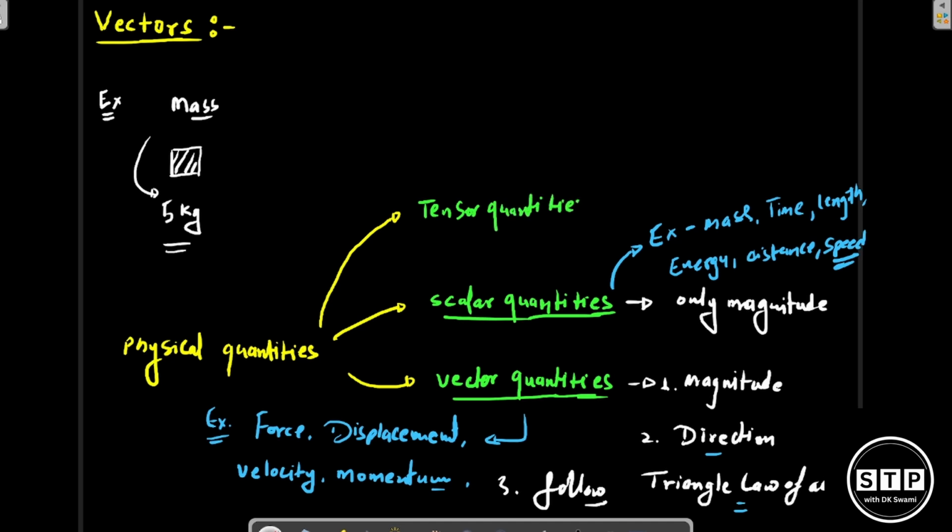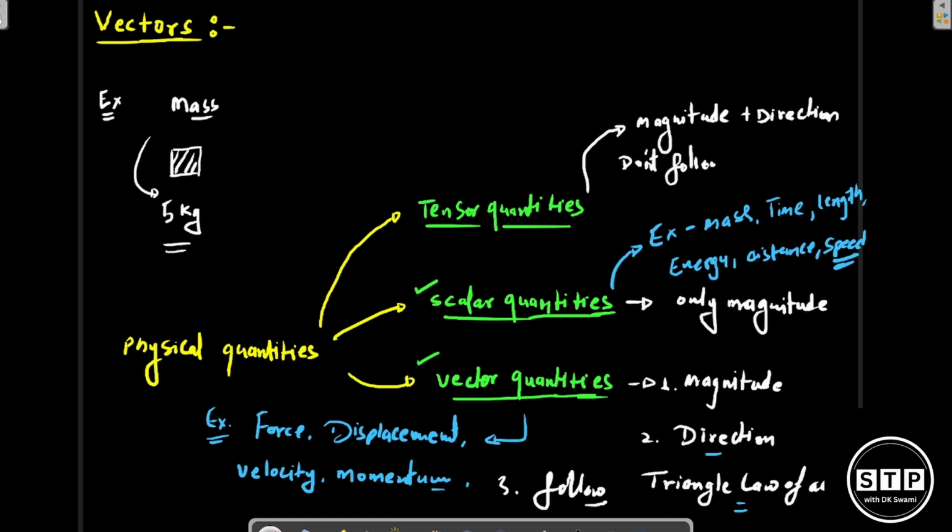Right now there will not be much use of tensor quantities, and we will primarily focus on scalar and vector quantities. Tensor quantities have magnitude and direction, but they do not follow the triangle law of vector addition.